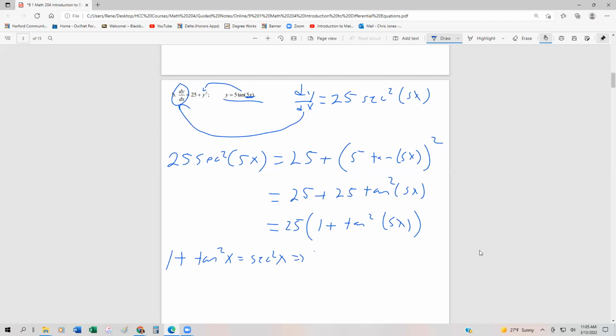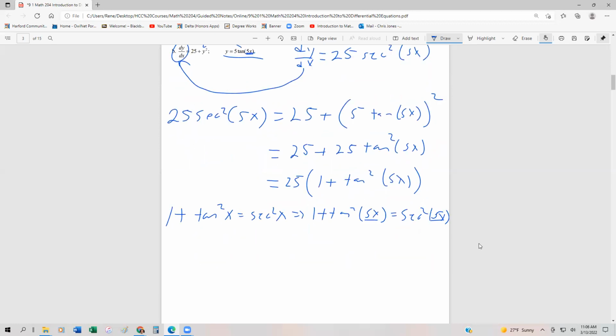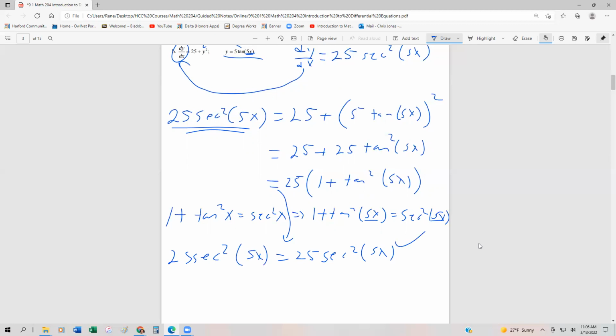So that would imply that 1 plus tan squared of 5x is going to be equal to sec squared of 5x. Okay, so we just change the interior angle there. And so we would get that this is going to be equal to 25 times sec squared of 5x, which is precisely the left-hand side, 25 sec squared of 5x. And so it is valid.